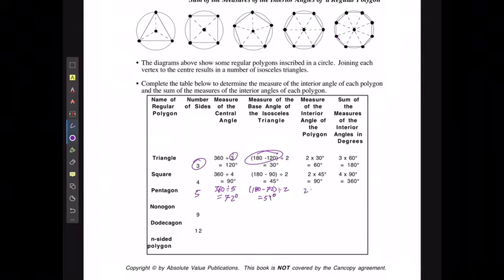And when I double that 54 degrees, then the interior angles inside of this are going to be 108 degrees. And if I have 5 angles inside of here that are all 108 degrees, this is going to add up to 5 times 108, or 540 degrees.